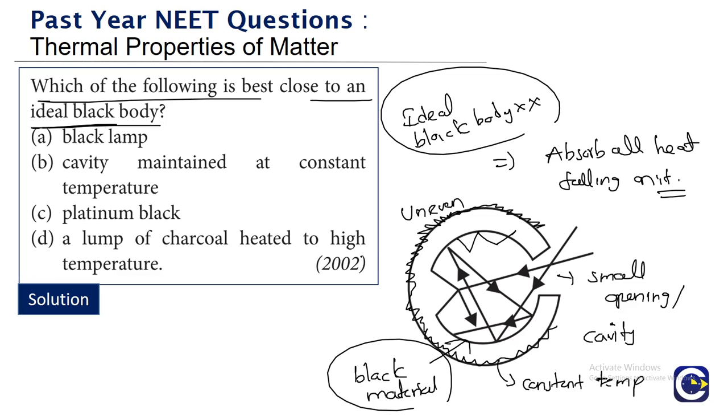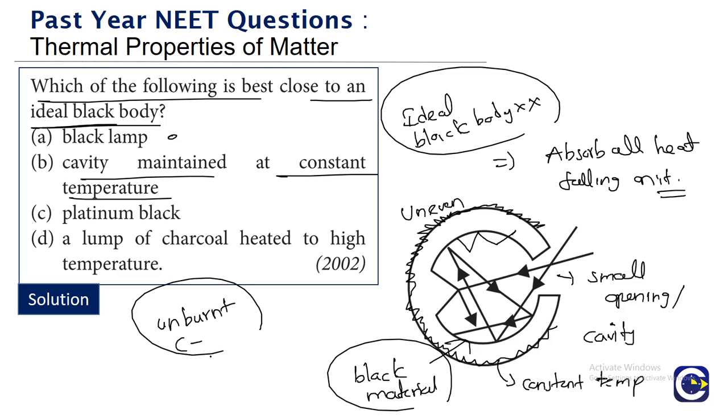So what is the answer for this? The cavity which is maintained at a constant temperature. Lamp black, for example: if you have any lamp, you'll see after some time a black coating getting formed on it. What is this lamp black? It is unburnt carbon particles.